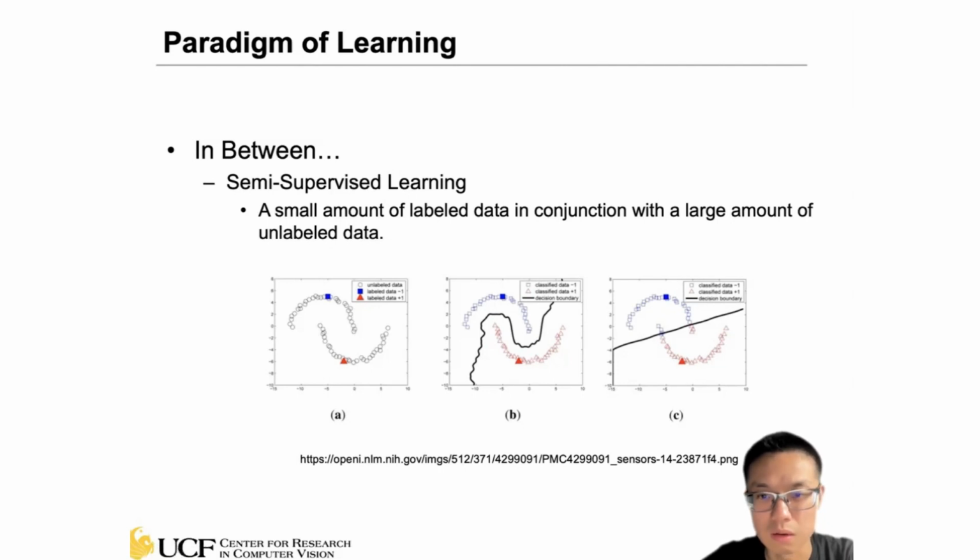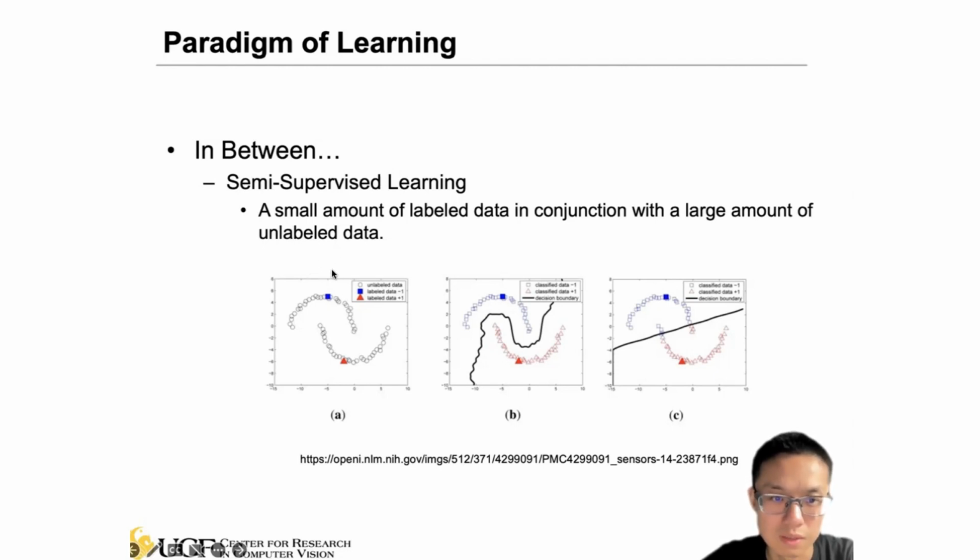For example, in a lot of industry applications, due to the time and the cost of annotating the data, they may not have a lot of labeling budget. But in order to train the model to the expected accuracy, we need to spend some cost or time to label a small amount of data.